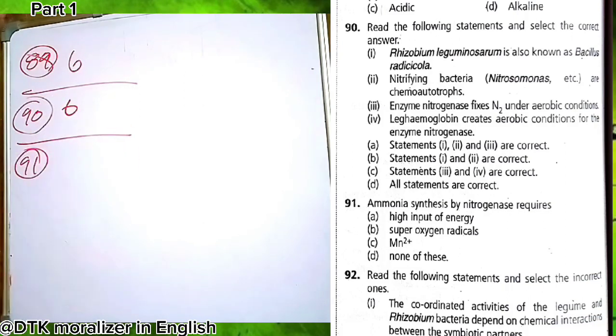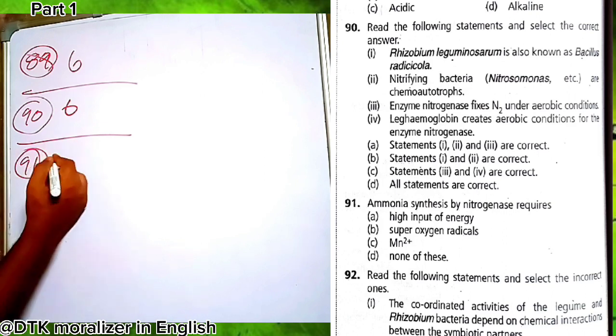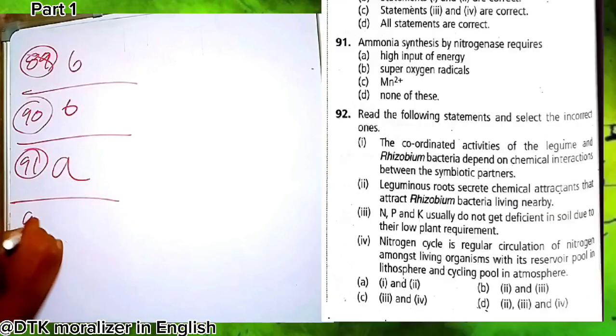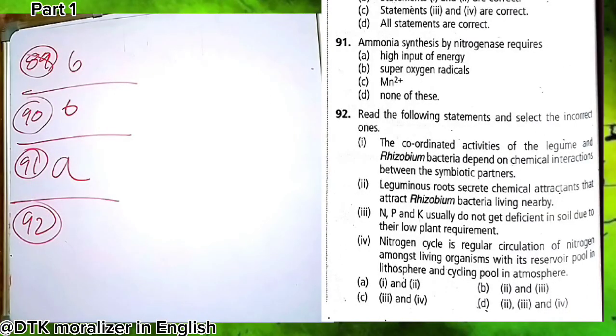So option B. Statements 1 and 2 are correct. 91. Ammonia synthesis by nitrogenase requires high input of energy, so for oxygen relatively Mn plus 2. None of this. Option A. High input of energy is required for ammonia synthesis.